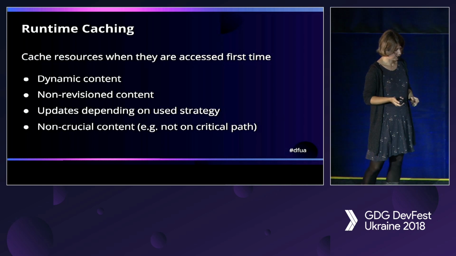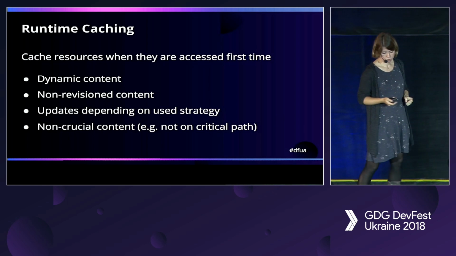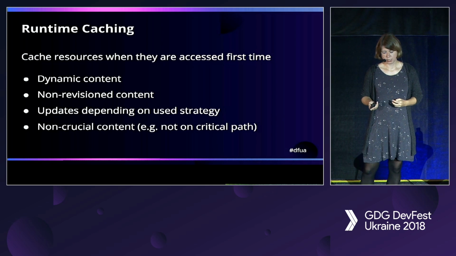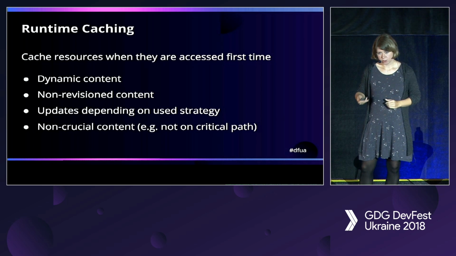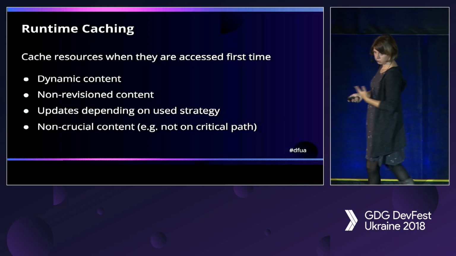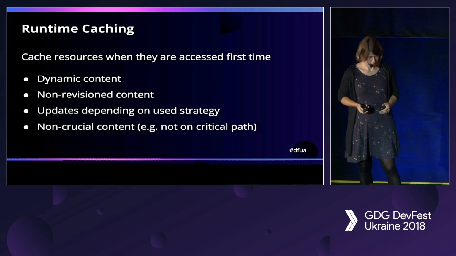So it's much easier to use runtime caching with that, because anytime this resource is accessed, it can also be put in cache, which means you can update it not only when the service worker is installed, but actually during the normal usage of your app as well.